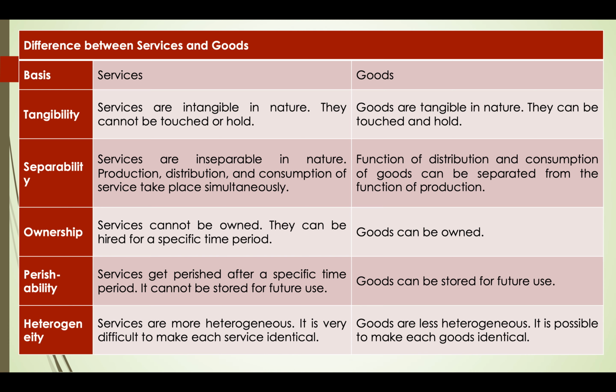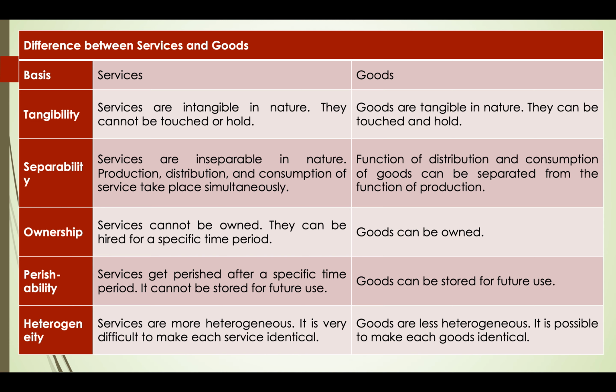The first difference between services and goods is the tangibility. Services are intangible in nature, they cannot be touched or held, whereas goods are tangible in nature, they can be touched and held. The example includes that you buy your smartphone.